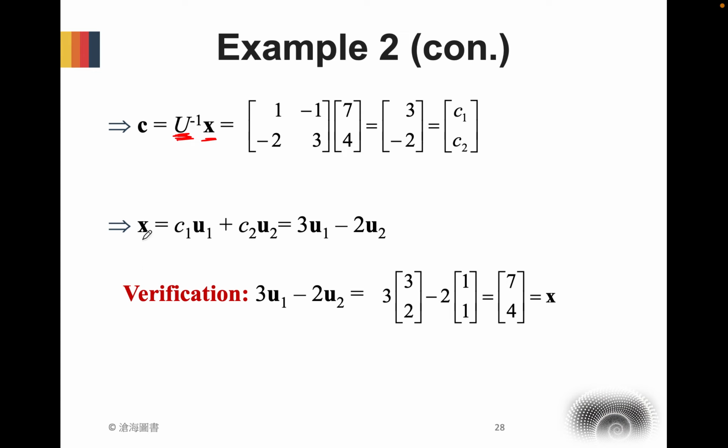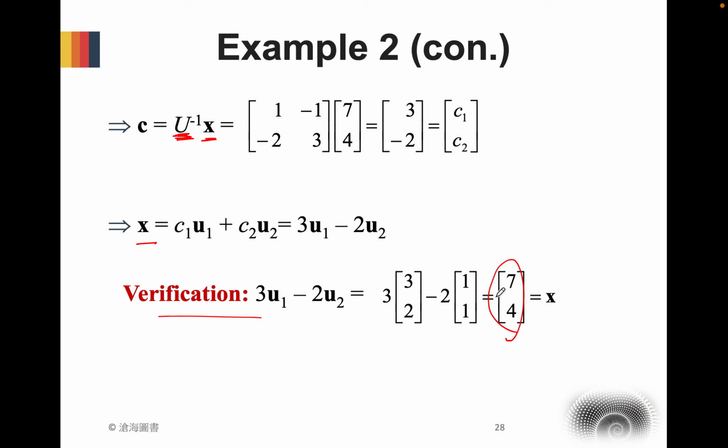So x is equal to C1U1 plus C2U2. That is equal to 3U1 minus 2U2. You can verify this: multiply (3, 2) by 3, and then minus 2 times (1, 1), and you get (7, 4).